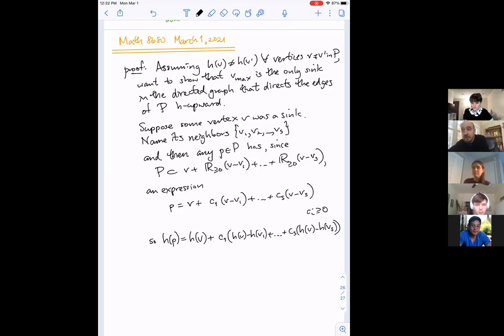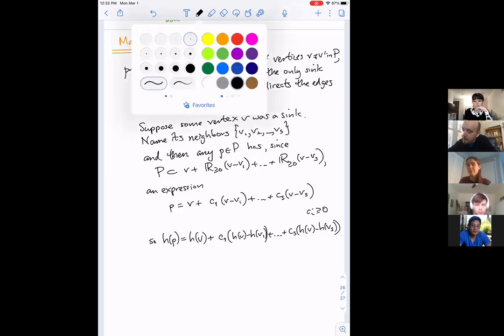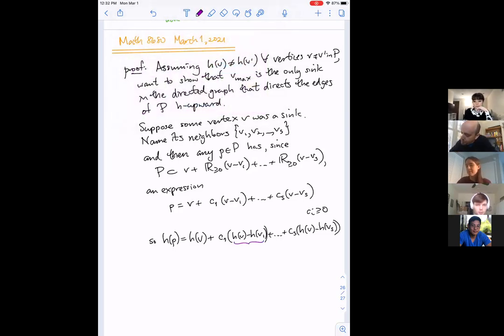Right, h is a linear functional, so I can take it inside the parentheses, through the constants and so on. Now this thing should be greater than or equal to 0, actually greater than 0, because we assume that no two vertices are taking the same h value.